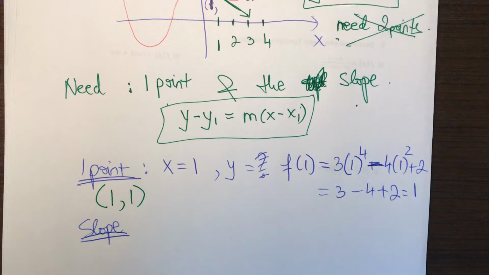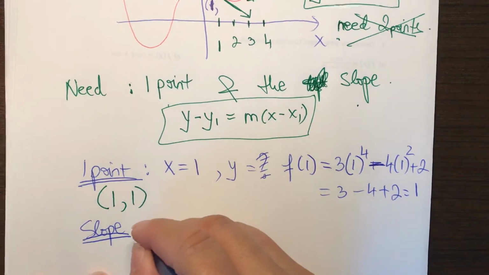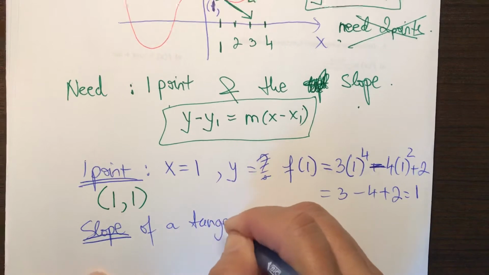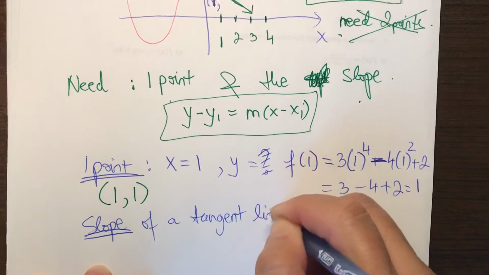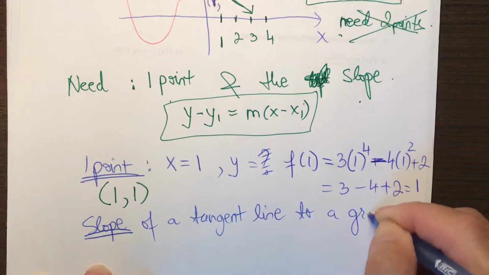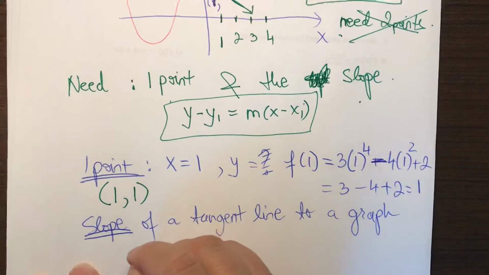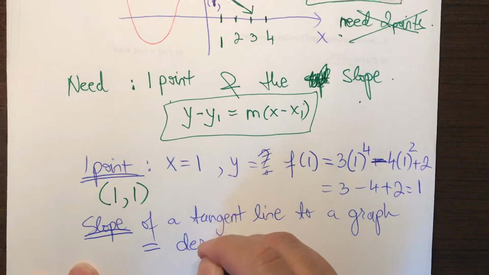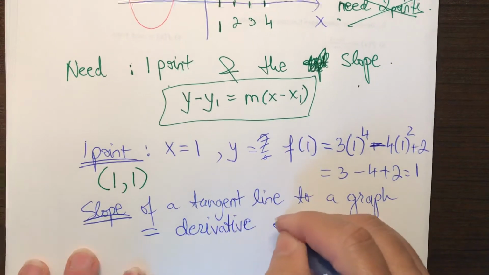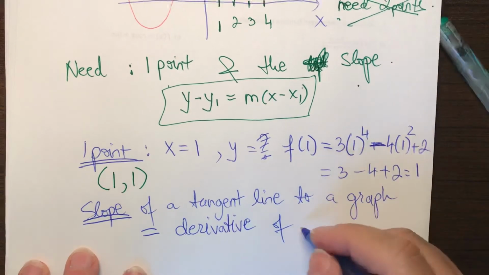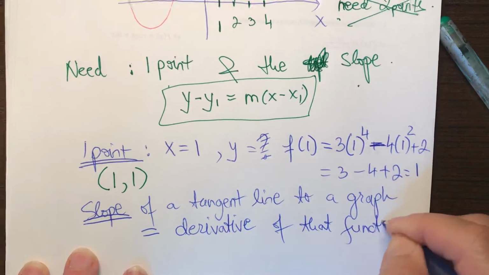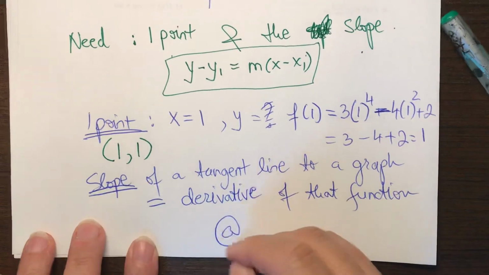We have learned that the slope of a tangent line to a graph is really nothing other than what? The derivative of that function at that point.